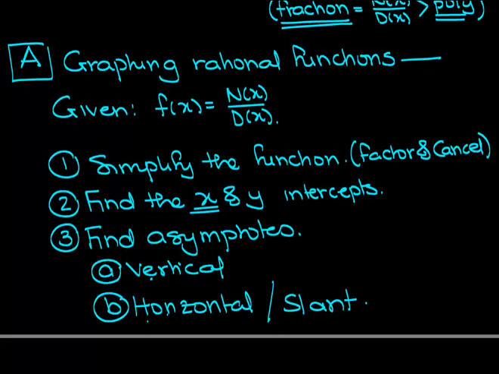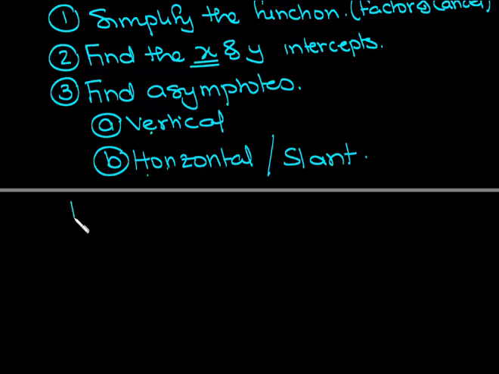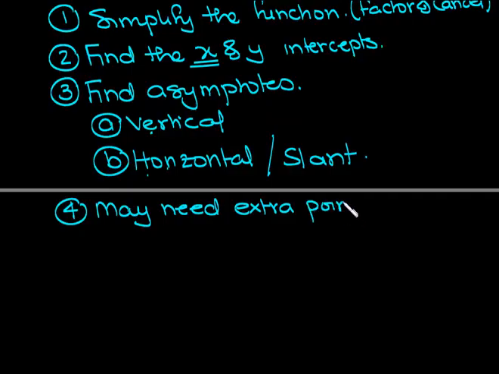Okay, so this is the game plan we want to follow. And sometimes the last step is, I'll put the word may need, extra points to guide the graph. That's not something you'll need all the time, but every once in a while you might need that.